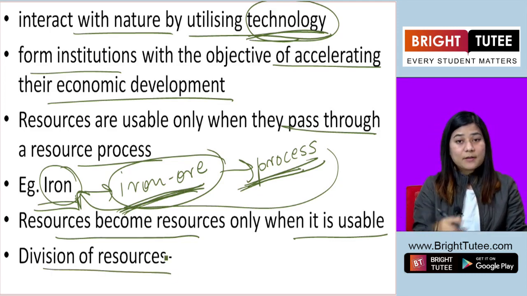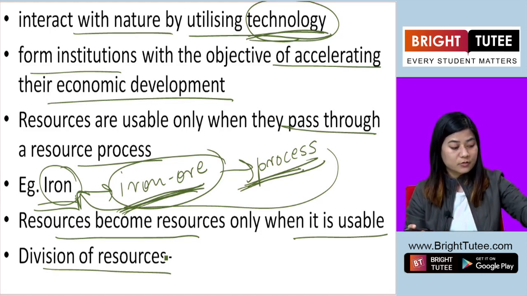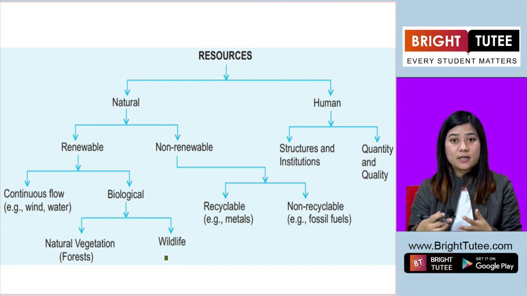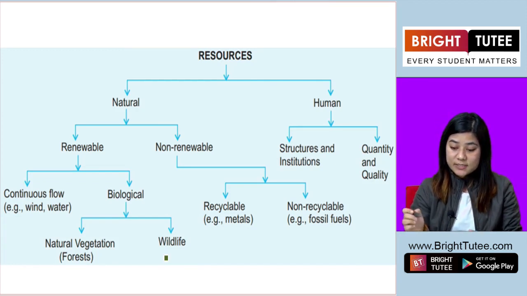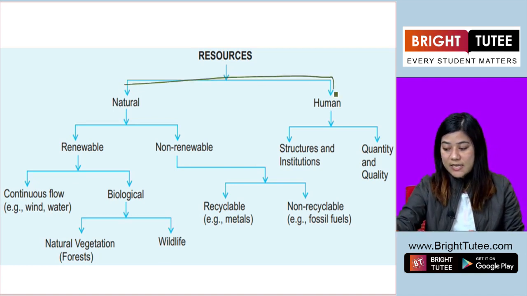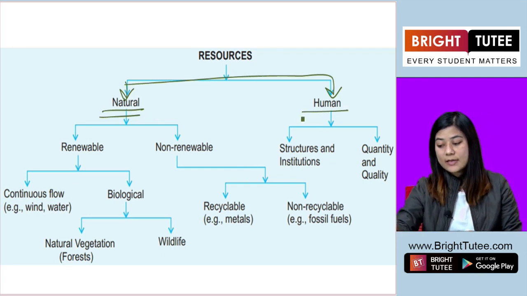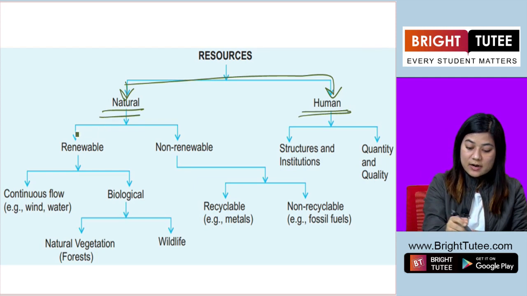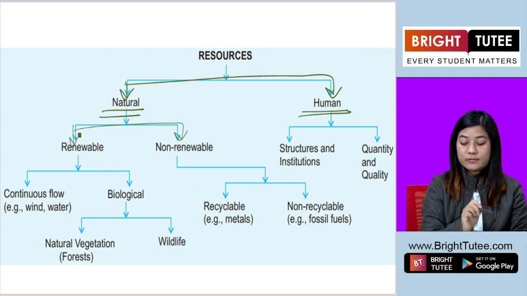So there are some divisions of resources. There are many divisions, but we'll look at some of them. Now this is a chart, and this chart simply explains how resources are divided into different categories. The first division is into natural resources and human or man-made resources. The natural resources are again divided into non-renewable and renewable resources.